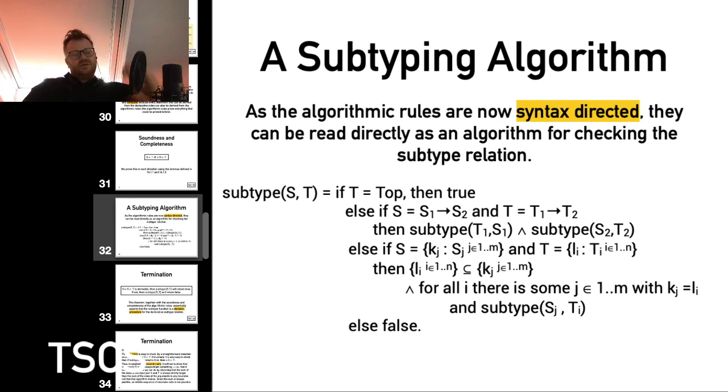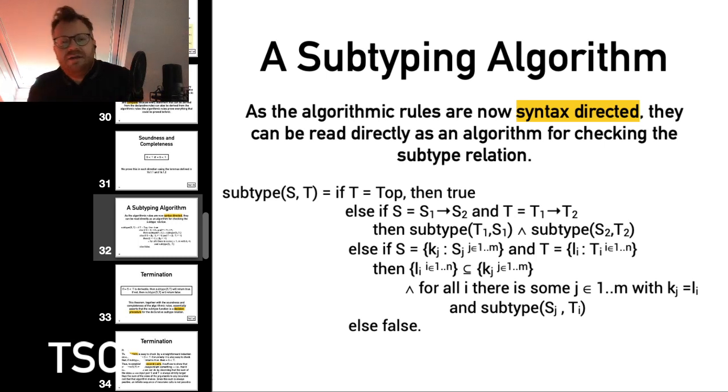So this says, okay, some things are in a subtype relation, S and T. If T is top, then this is true always. So if you already know that the type on the right side is top, then this always holds. So you don't care about S actually anymore. You don't use it in the premise or whatever.